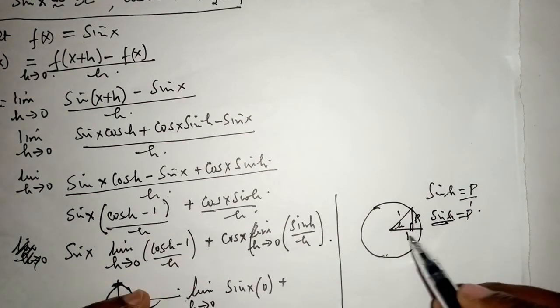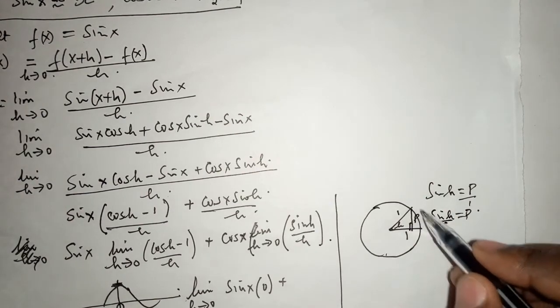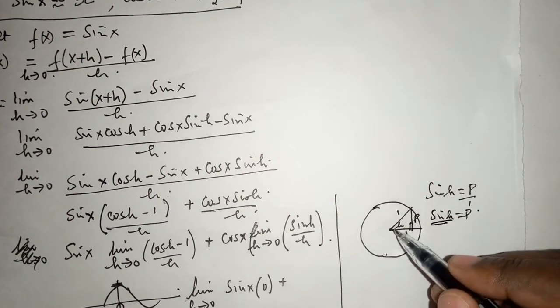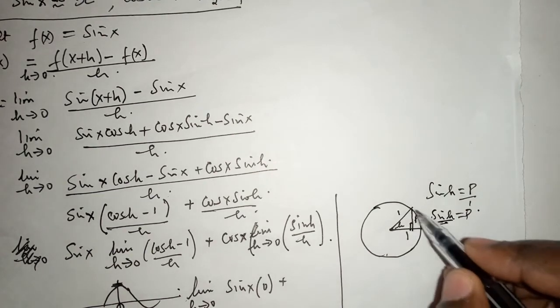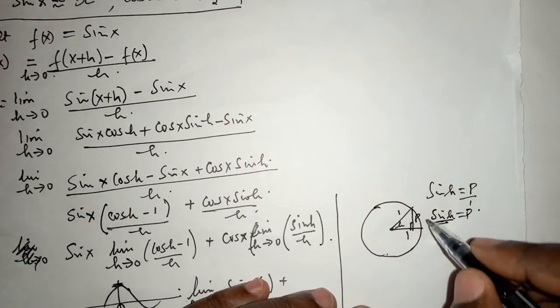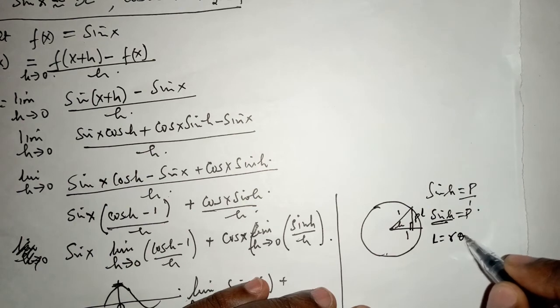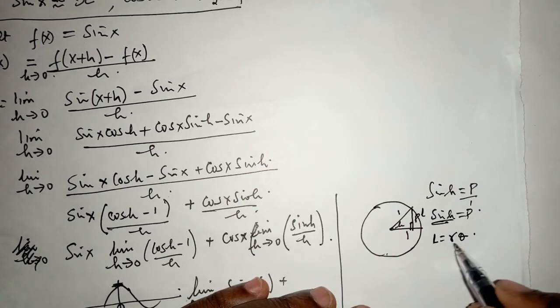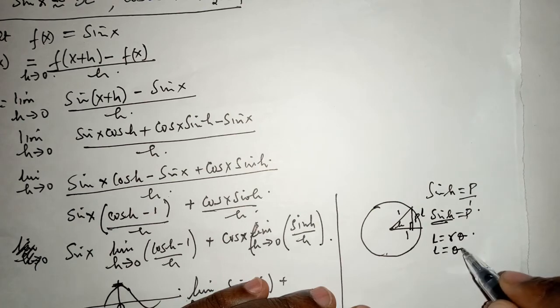At that particular point, if we want to talk about the length of this arc with radian measure, the length of that arc, the way we know it, L is equal to r theta. And in this case, r is 1. So L is equal to theta.